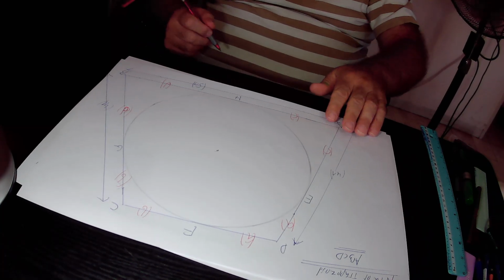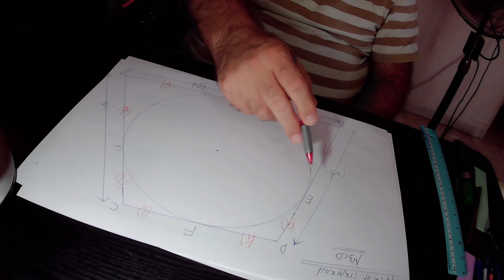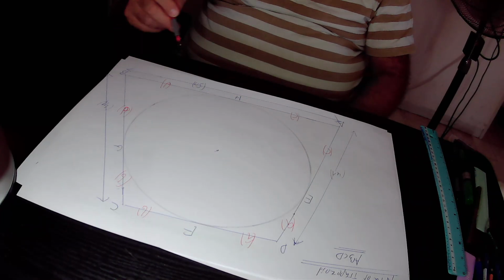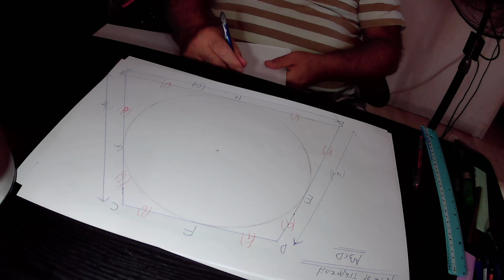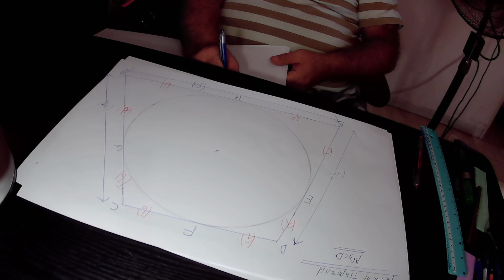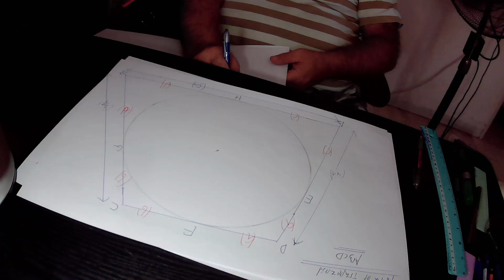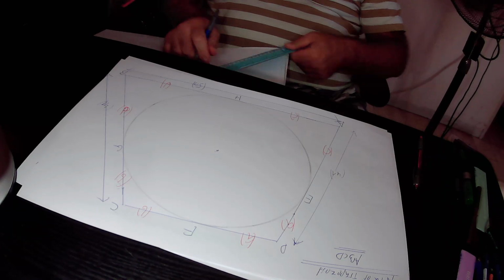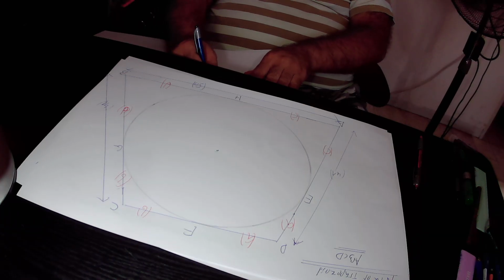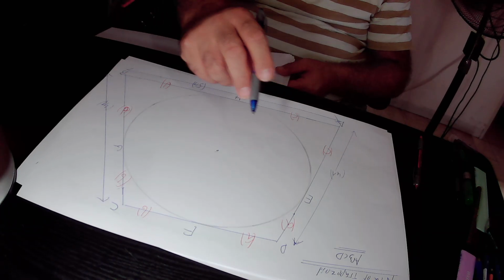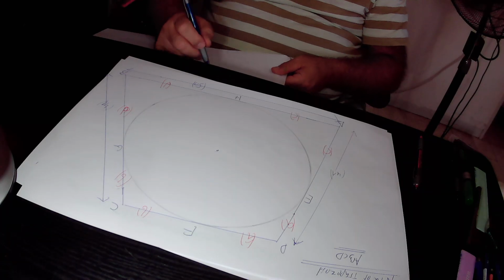So what is the length of side DA plus the opposite side CB? DA plus the opposite side CB in total equals a plus b plus c plus d.